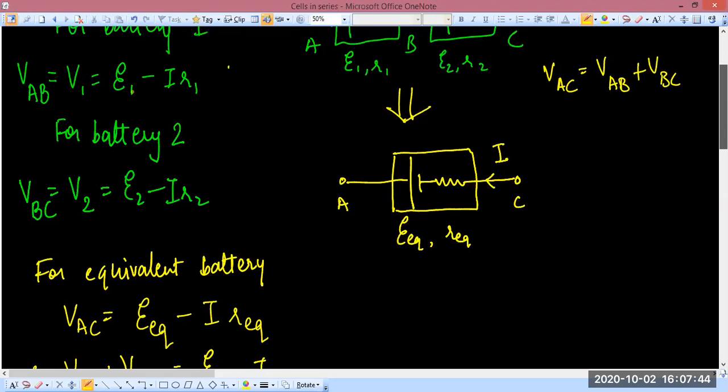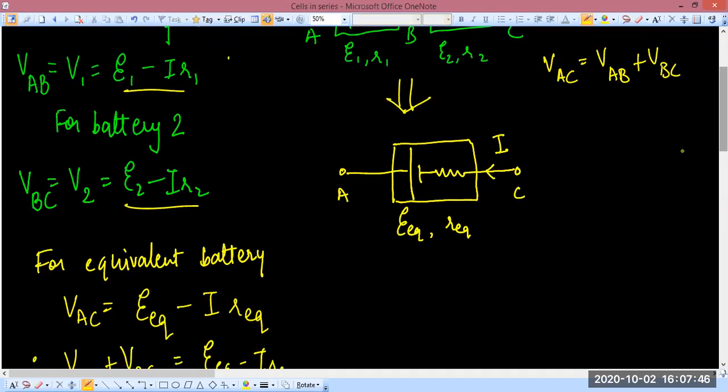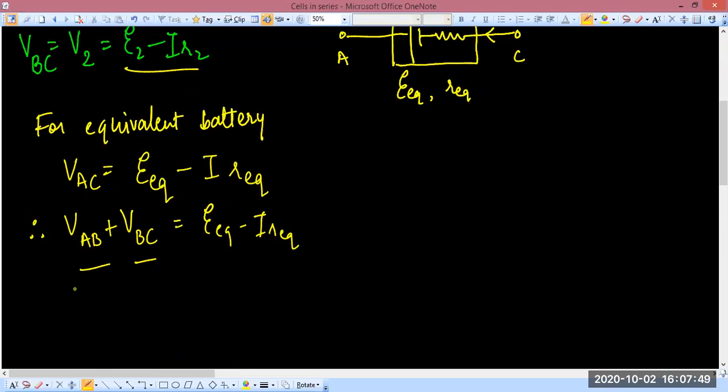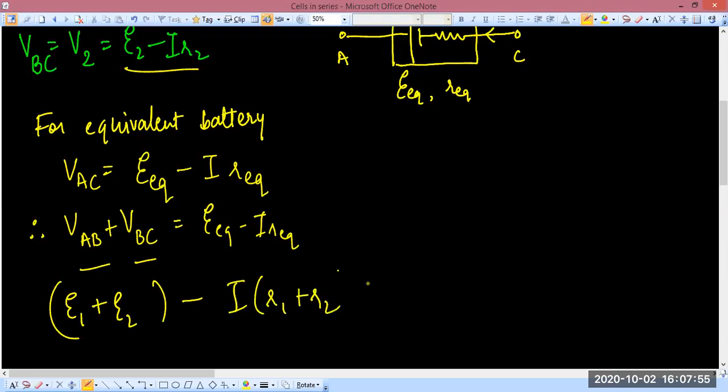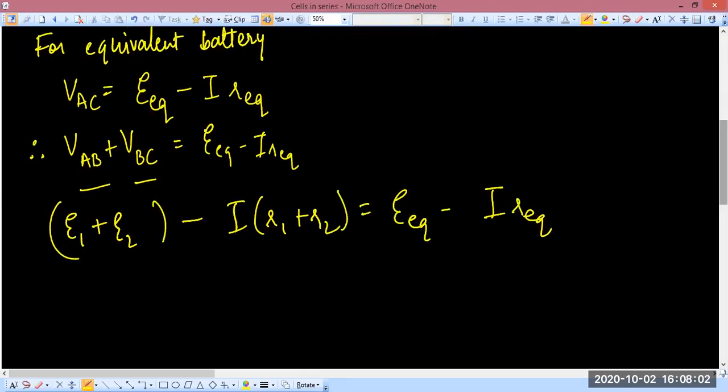You just have to put this and this here, and you will get it by comparison. Something like this will come, epsilon 1 plus epsilon 2 minus I into R1 plus R2 is equal to this. Then compare this. I hope you understood that. In series there is not much difference, what we did earlier was small too, this is easy, there is nothing in it.